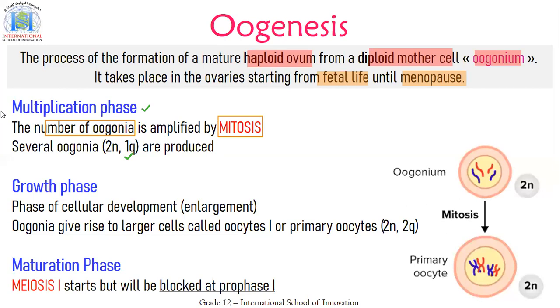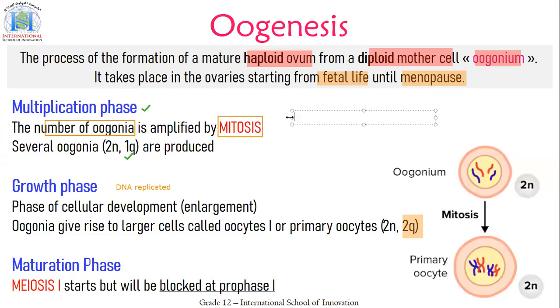During the growth phase, the oogonia will give rise to larger cells, and these cells have 2N chromosomes with 2 chromatids. So during the growth phase, the DNA is replicated. This oocyte 1 will undergo meiosis 1.